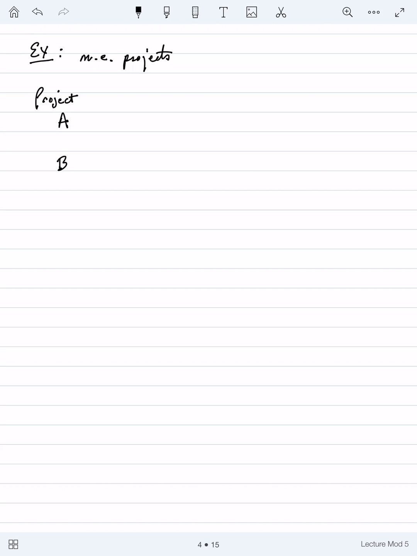Let's do some analysis. Say you've got cash flow at time period 0: project A is minus 1,000, and project B is minus 10,000. Much bigger project.